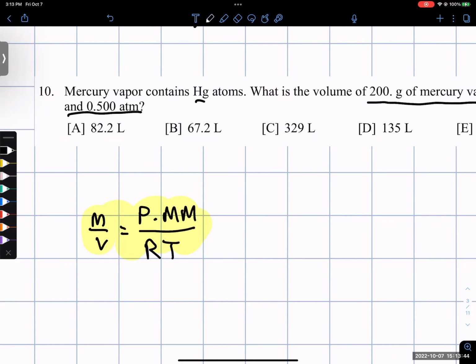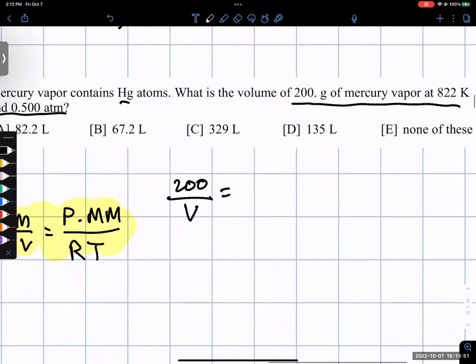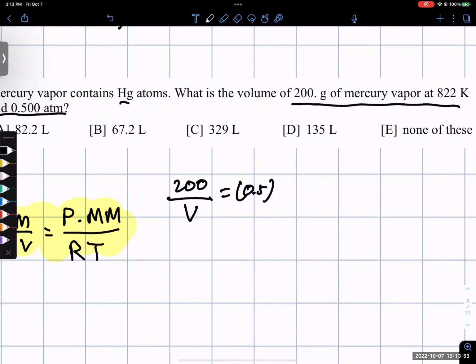So we have our mass, 200 grams, and volume is what we're trying to solve for. So 200 over V equals our pressure, which is 0.5 atmospheres, times the molar mass of mercury, which I do not know off the top of my head, unfortunately. 200.59. I just searched it.